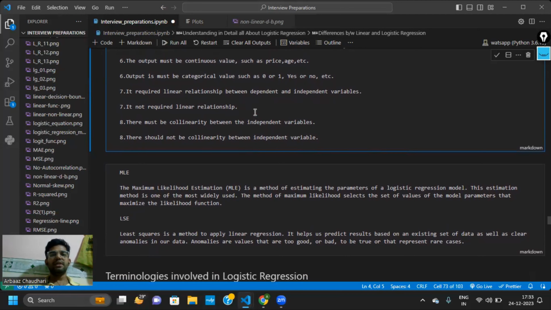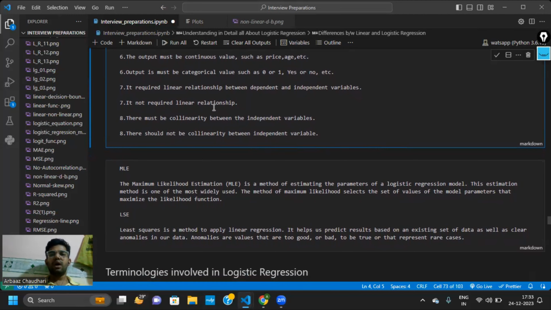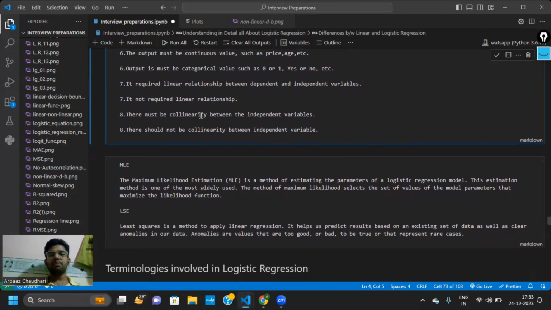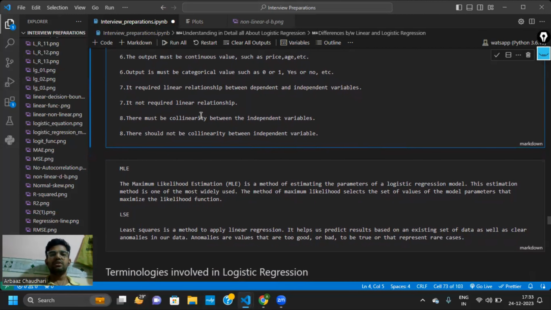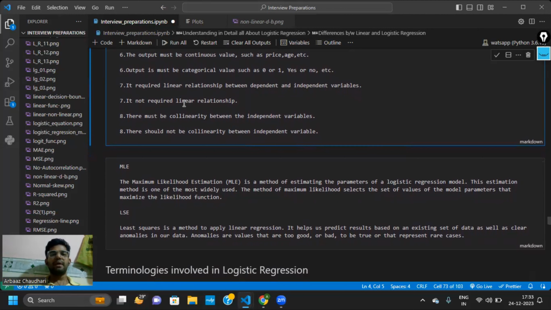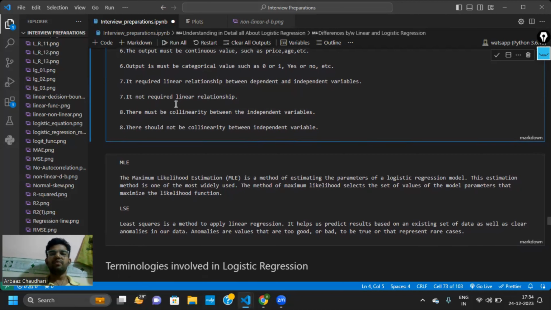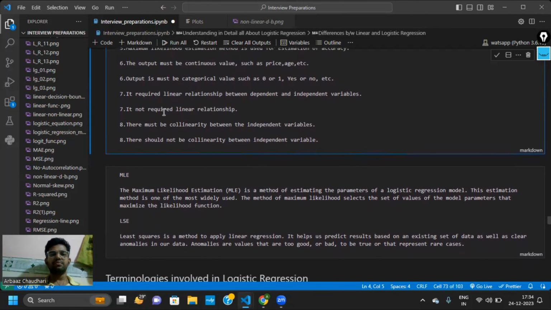But in logistic regression, even if there is no linear relationship, it is still able to find out whether the data points are of class 0 or class 1. So there is no such requirement that the independent and dependent variables should have a linear relationship. In logistic regression, that is not required as much. If there is no linear relationship, then also you can go with logistic regression.